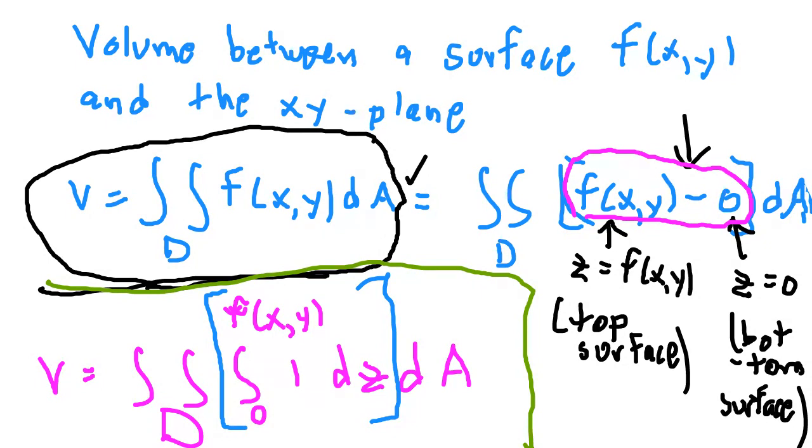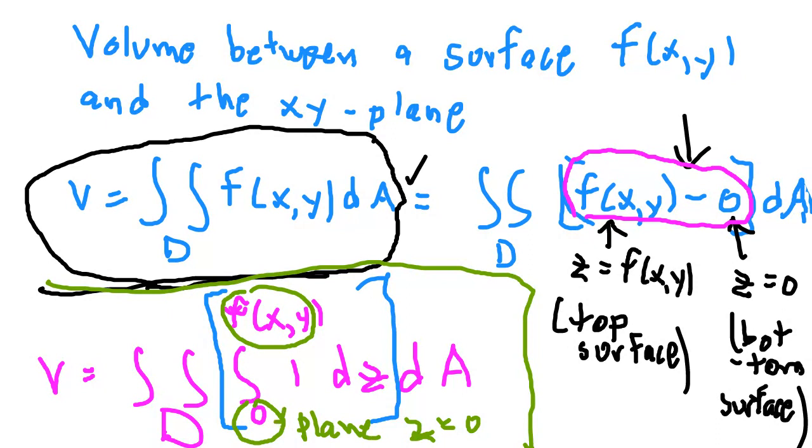Because, you know, then here's the region D. It's fine. But also what's nice about triple integrals is you can be more general. Remember, in this example, we have a surface on top, which is the function, and then the surface below is the plane z equals 0, which is the xy plane.